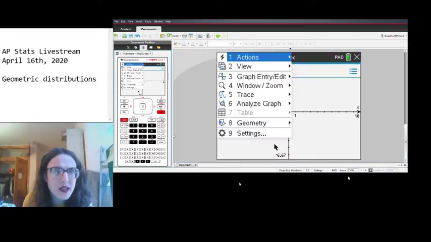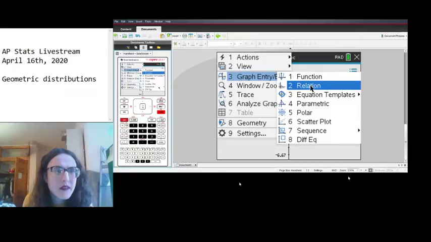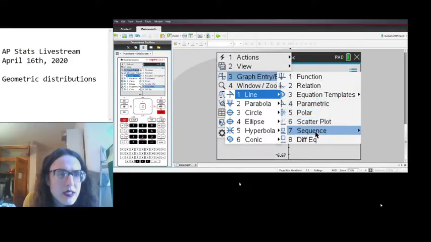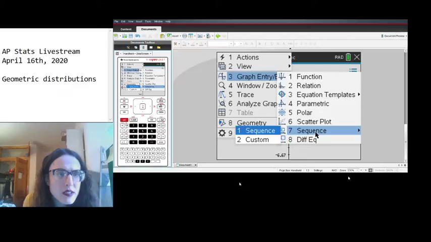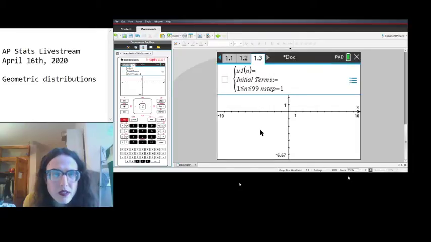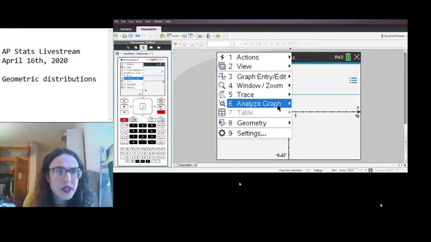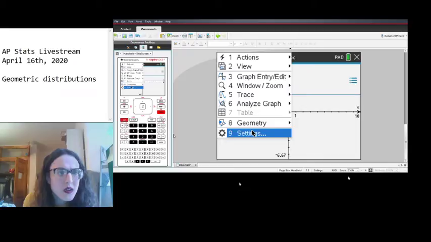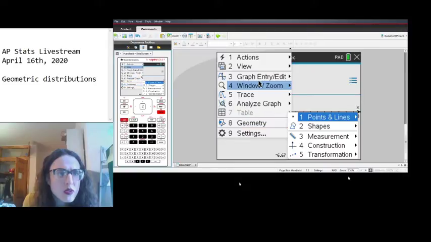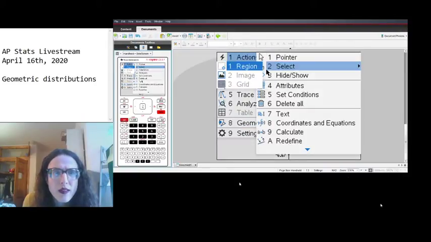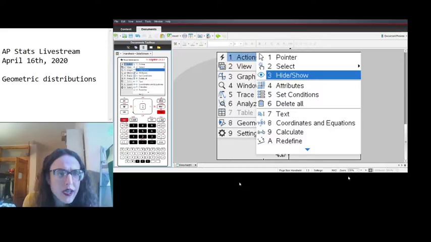So we're going to go to menu, graph entry, sequence. I do believe it should be sequence. All right, so let's not do it that way.